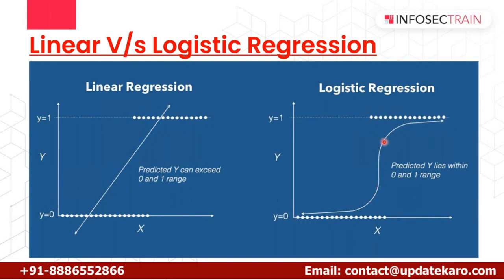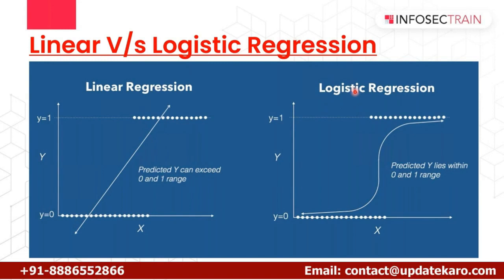This is somewhat like an S-shaped curve, isn't it? So this is my logistic regression. In the name itself there is logistic, which means I have used the logit function over there.